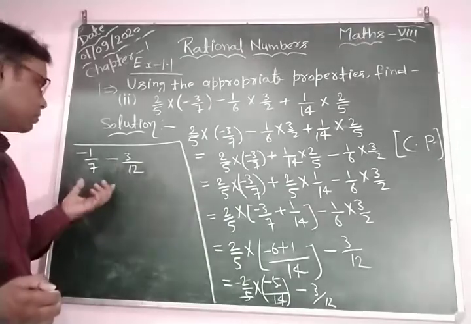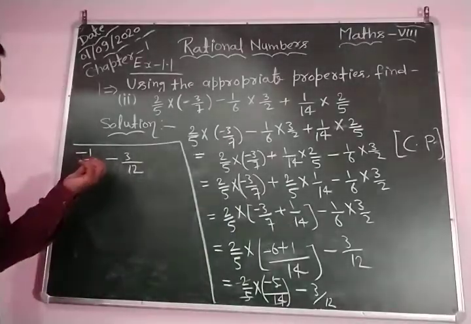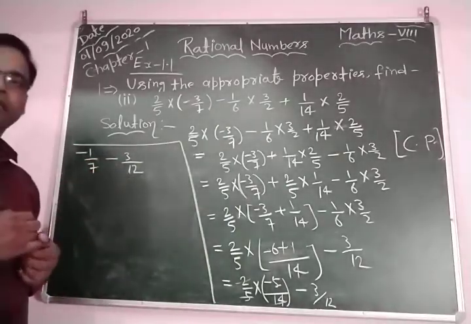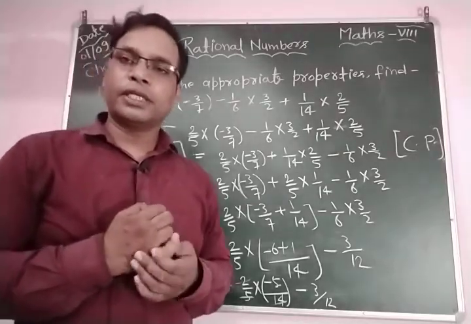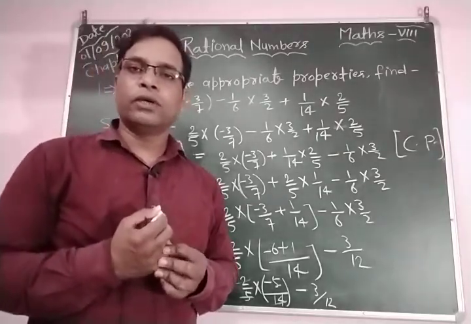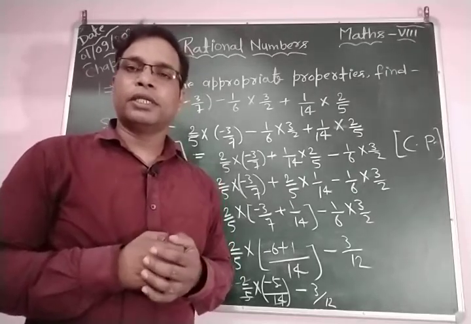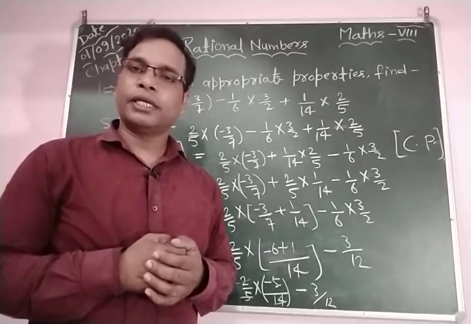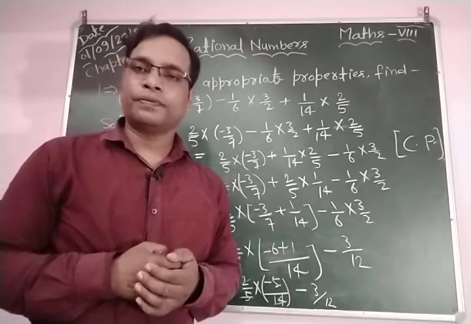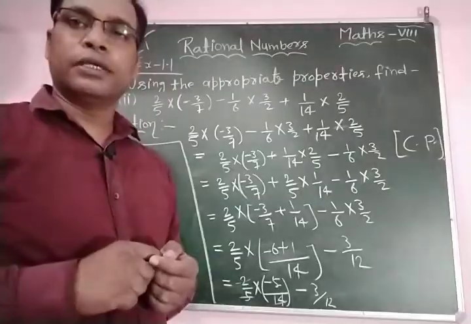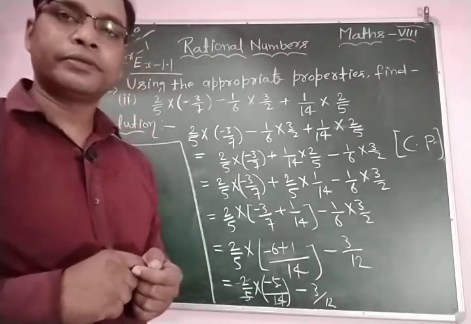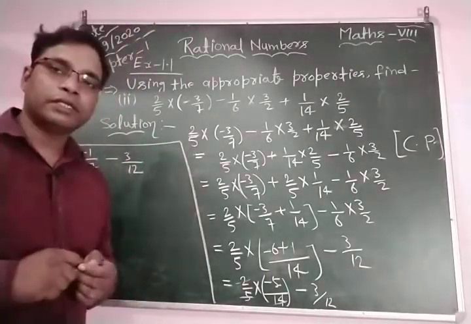So we have minus 1 by 7 and minus 3 by 12. What is the LCM of 12 and 7? 7 is a prime number, so their multiplication is their LCM. So the LCM of 12 and 7 is 84.